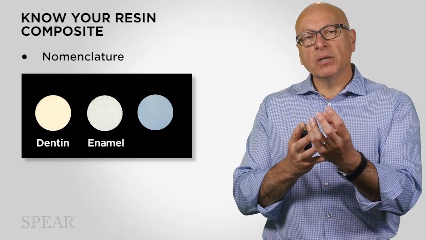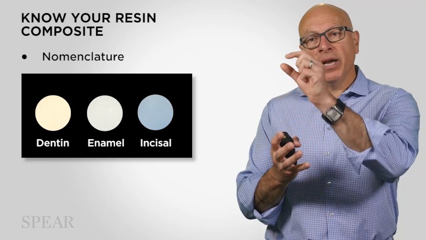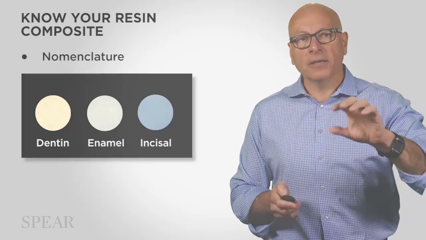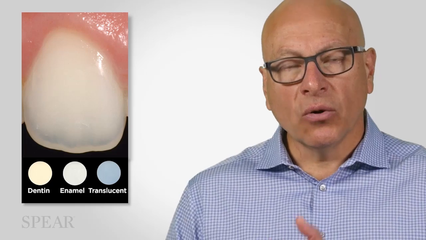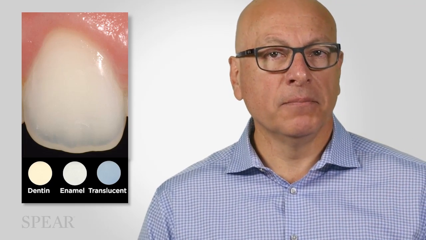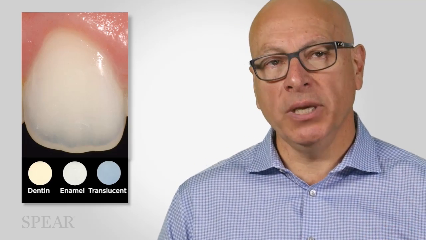The enamel-like materials are to replace enamel. And the translucent or incisal material is to create that band of translucency in the incisal edge. Okay? But not everybody calls the materials dentin, enamel, and translucent or incisal. For the material you're using, you have to know what the manufacturer intended it to be.